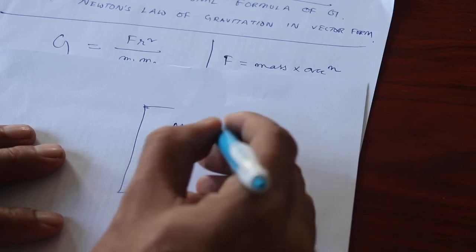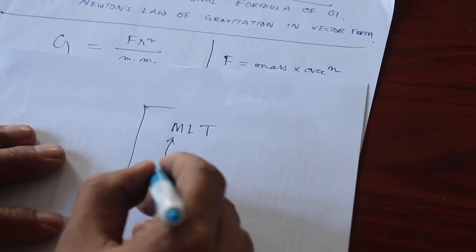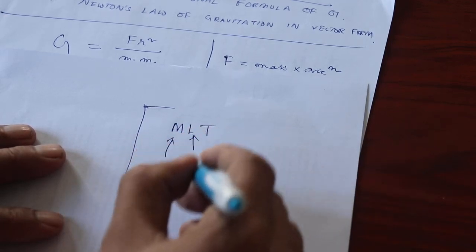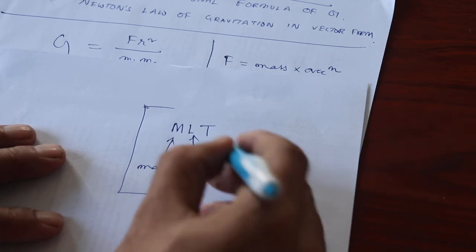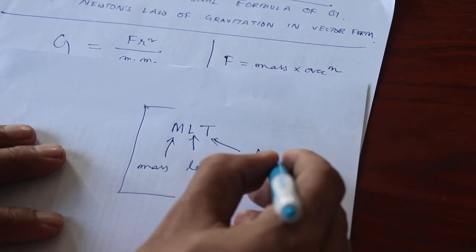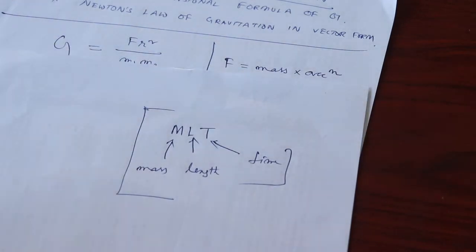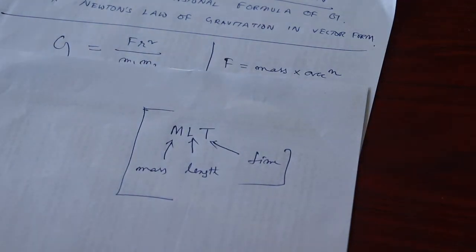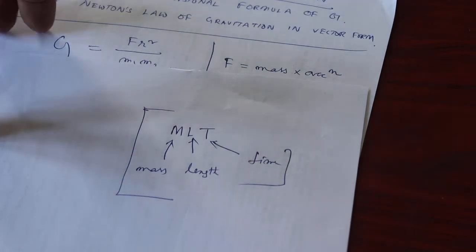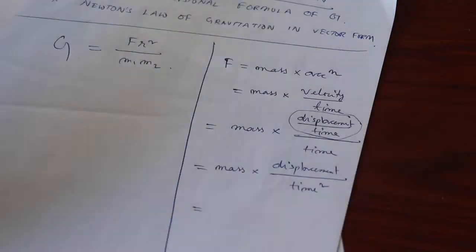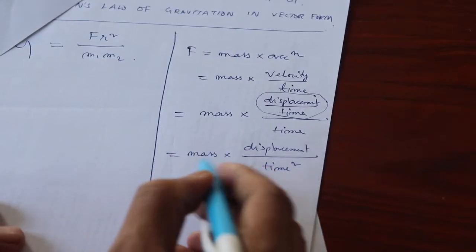M, L, T. Okay. M for notation is what? Mass. L for length, and T for time. Okay. You have to bring these three quantities. Not only three, there are some more quantities. It needs to be shown in different classes.